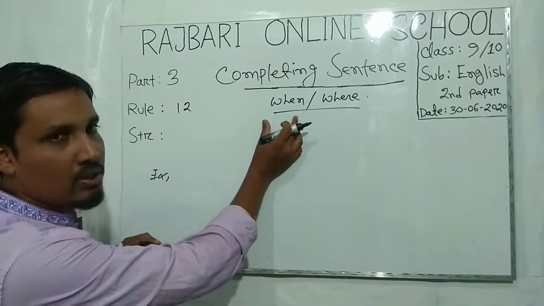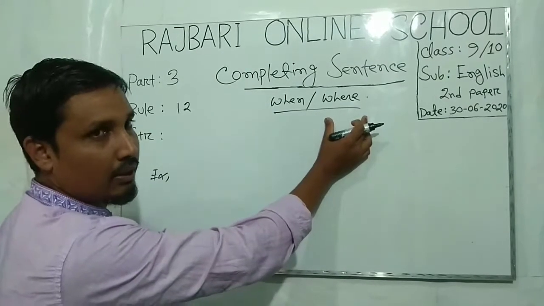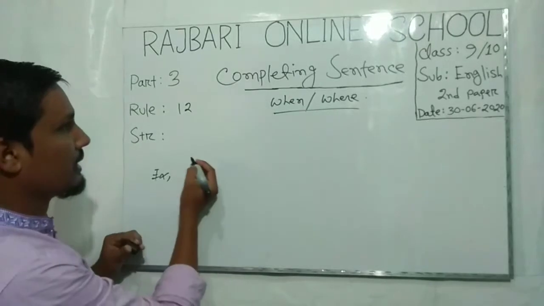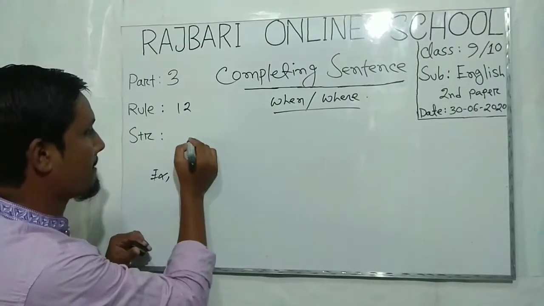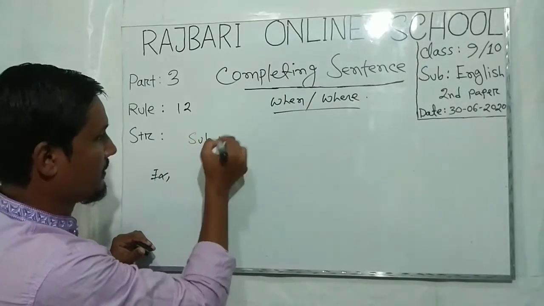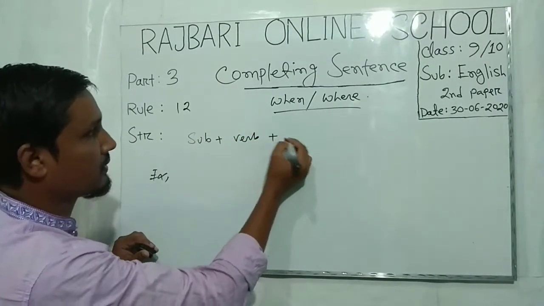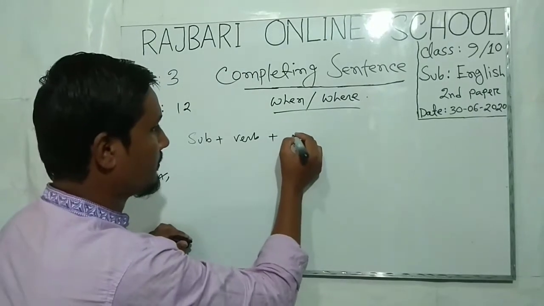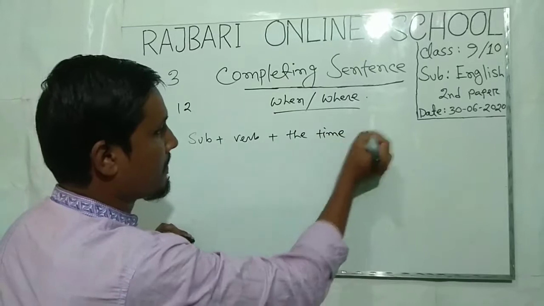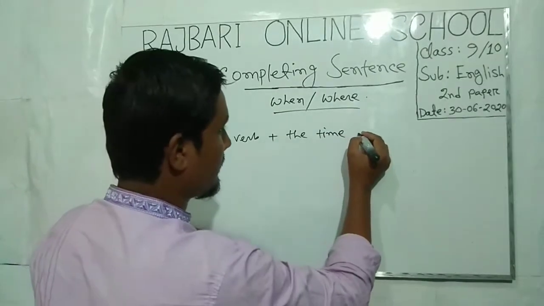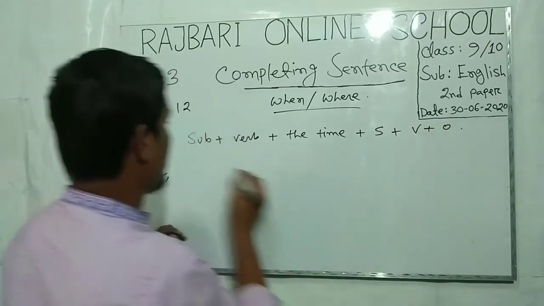When means time, where means place. Okay, let's see the structure of that word. Subject plus verb plus time plus subject plus verb plus object.